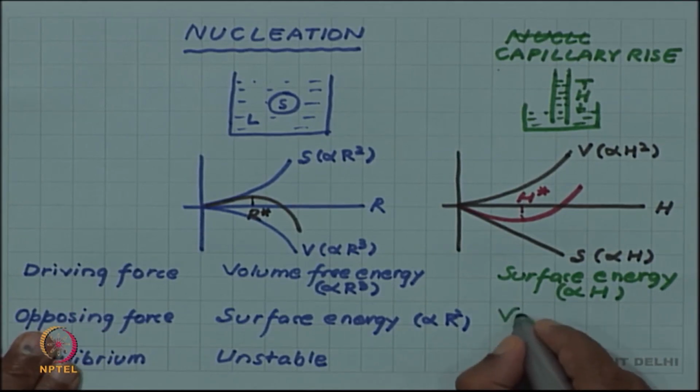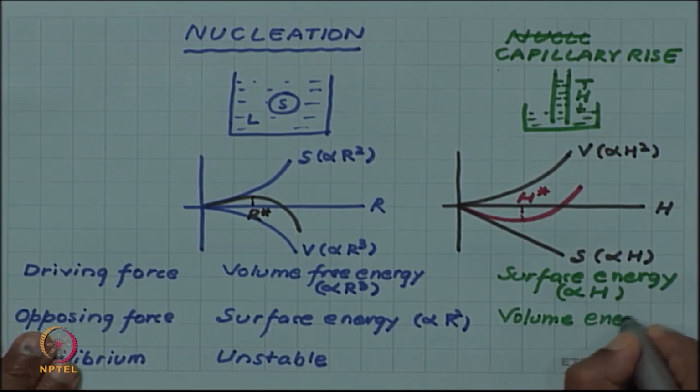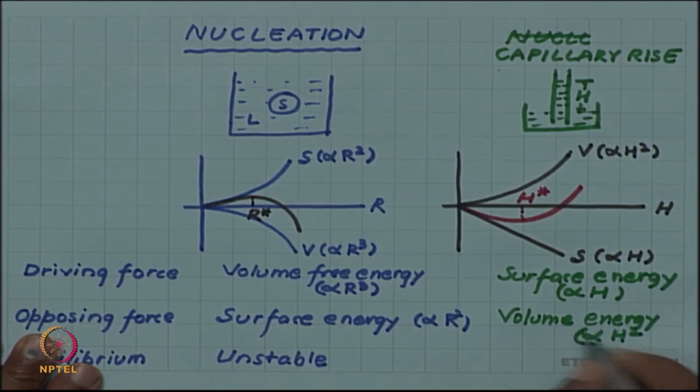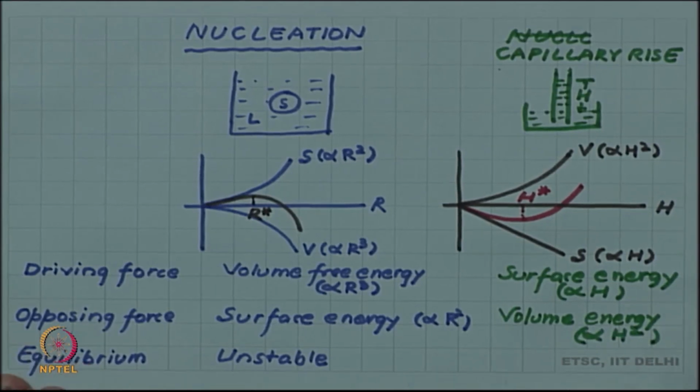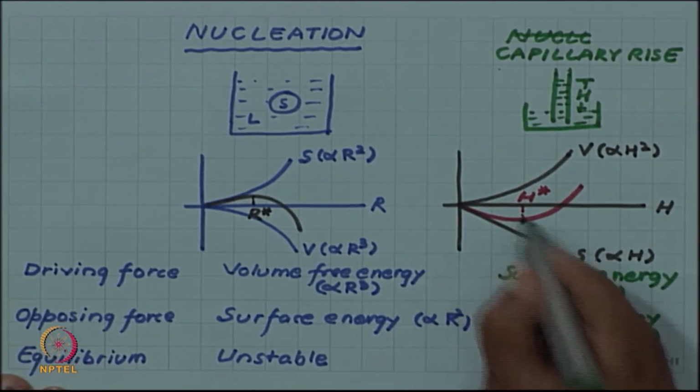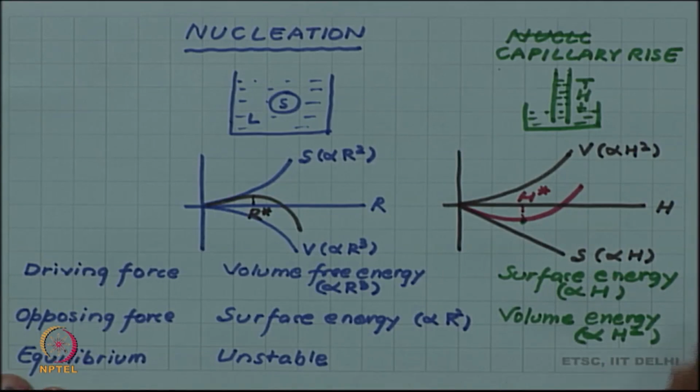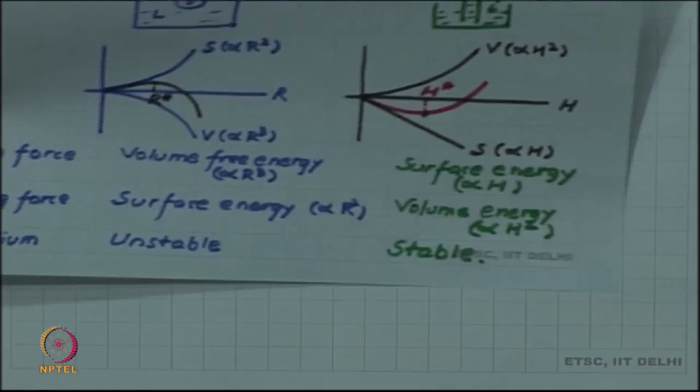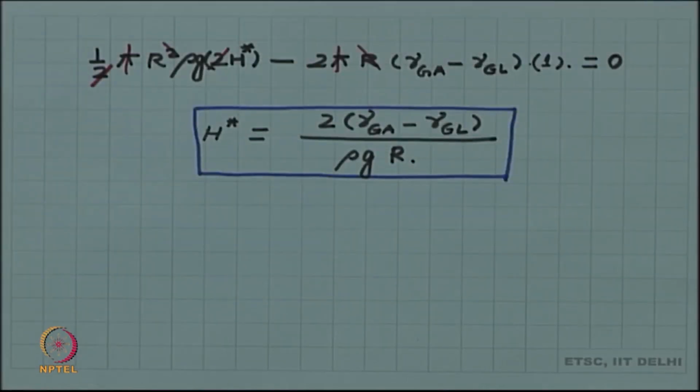Opposing force now is the volume energy, which is the gravitational potential energy of the liquid column, and this is proportional to h square, and you again have equilibrium, but now you have the minimum of energy at the equilibrium. So, this is a stable equilibrium. So, that completes the analogy between nucleation and capillary rise.